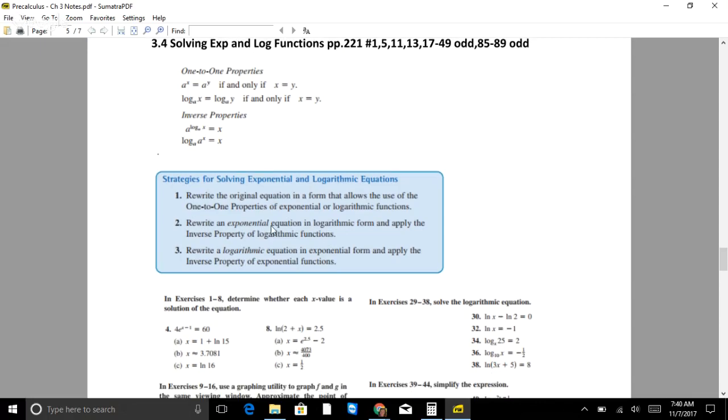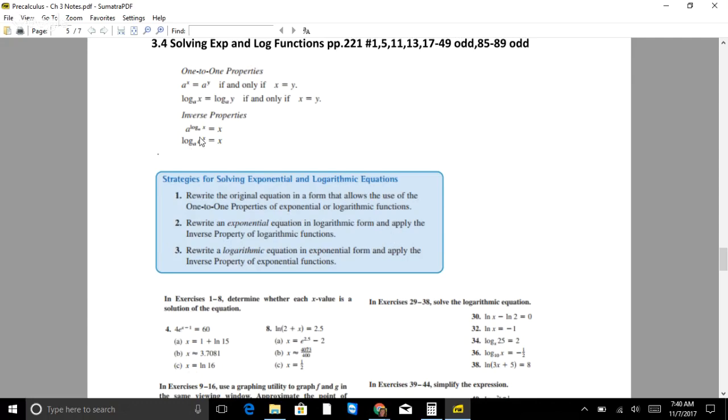Then the other two strategies, which I think we did several of, we'll do one more just to make sure that we know it. If you have an exponential equation, you rewrite it in logarithmic form and then apply the inverse properties.